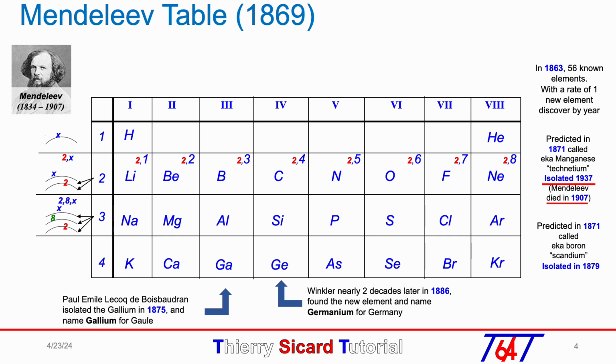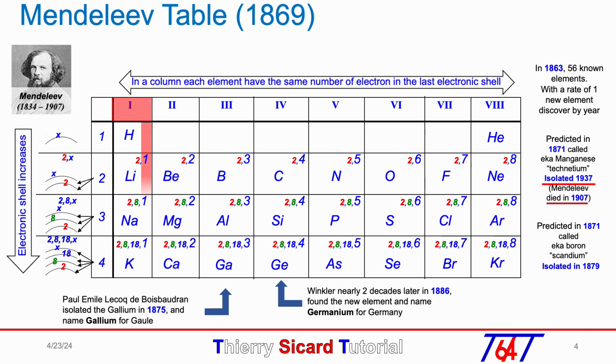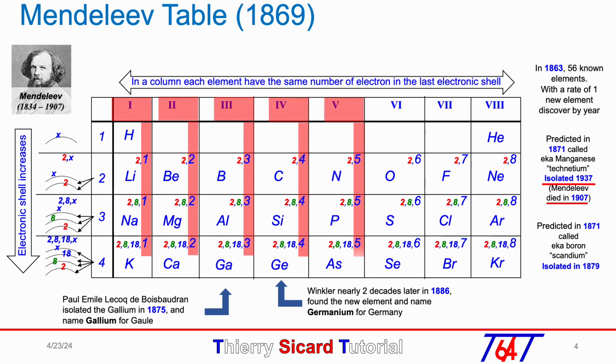The third line has elements with 3 electron shells, then the fourth line with 4 electron shells, and so on. This means that each line corresponds to an additional electron shell. Now, for each column, all elements have the same number of electrons in the last shell.